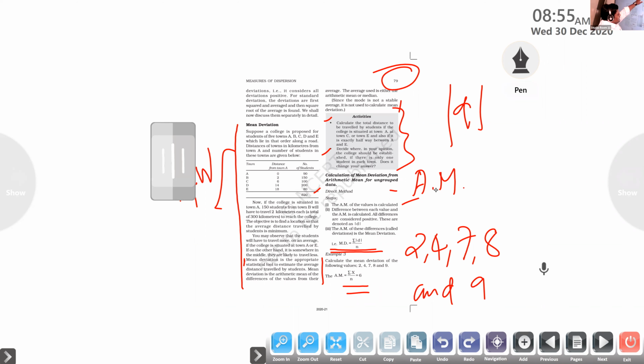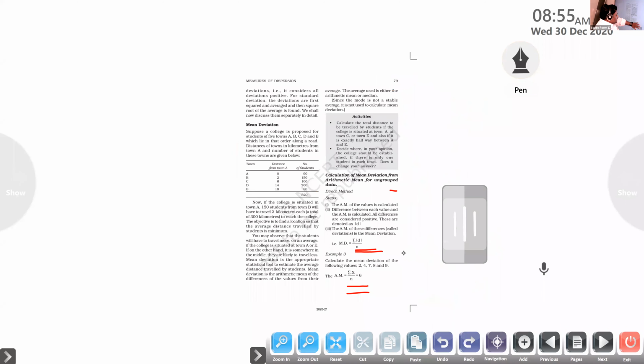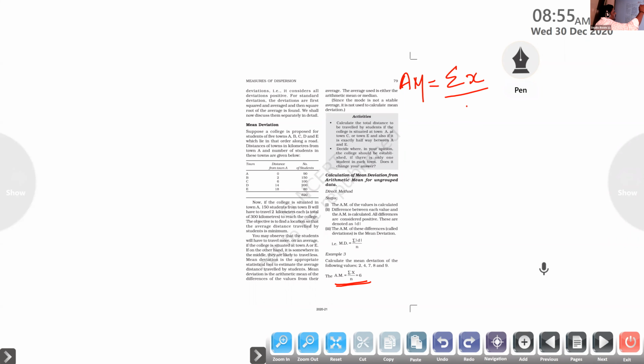Back to the previous chapter. To find out the arithmetic mean in the direct method, AM is equal to sigma x divided by n.